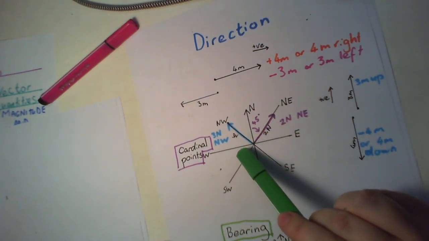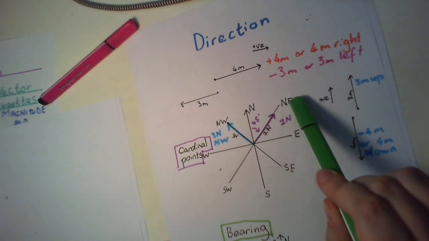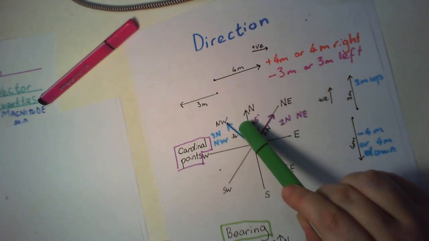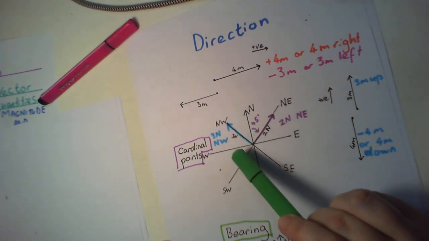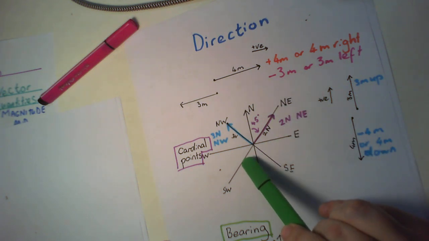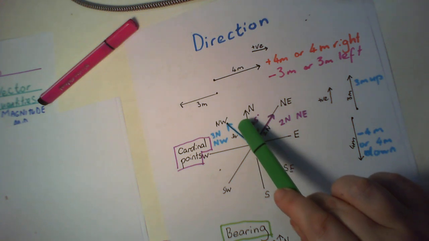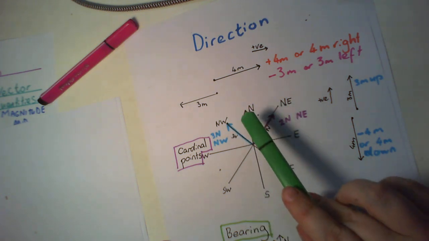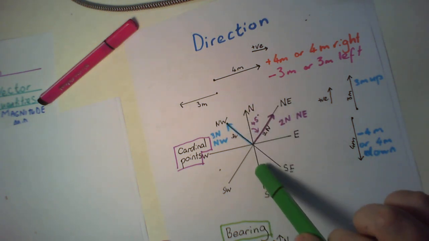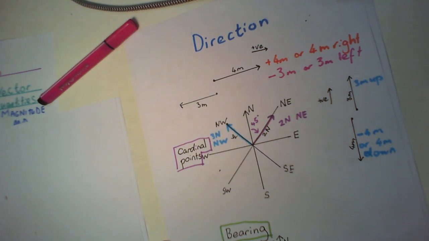Northeast does not just mean in this general direction. It is specifically 45 degrees east of north. Similarly, we have 3 newtons northwest. Again, it is exactly 45 degrees west from the north point, which becomes our northwesterly direction.